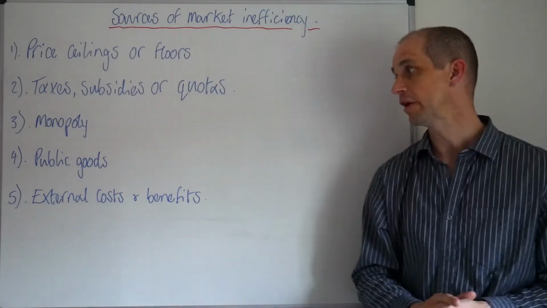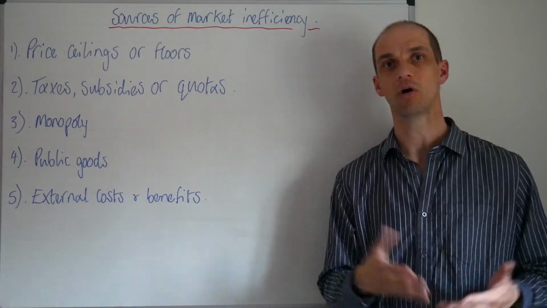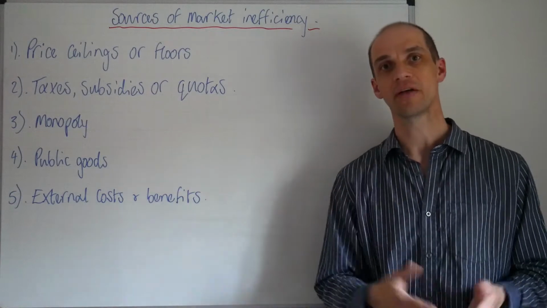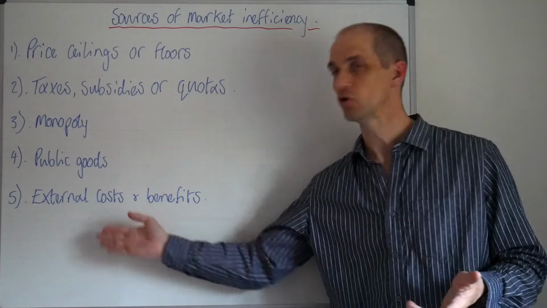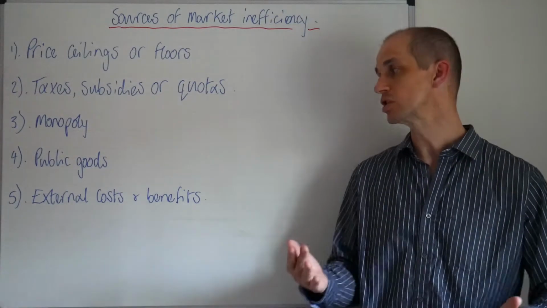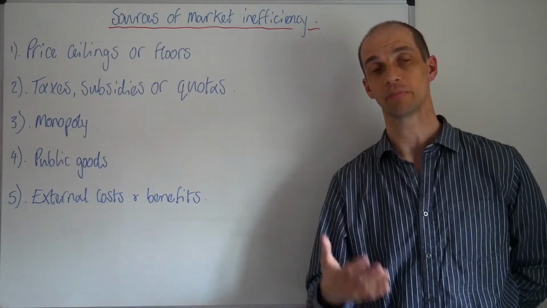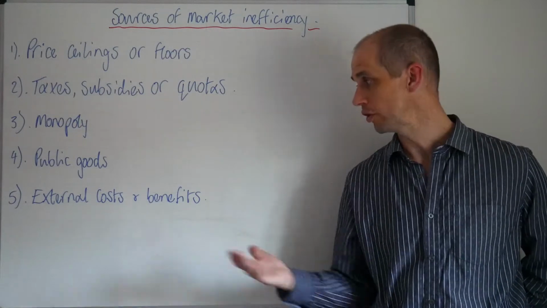Number five, external costs and benefits. External costs are often characterised by pollution. As an example there, that could be noise, air pollution, it could be blight, it could simply be a case of litter and so on. But then you've got potential external benefits, that a firm provides jobs, which helps to boost the local economy.